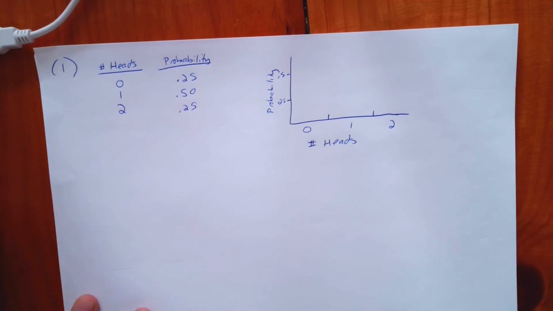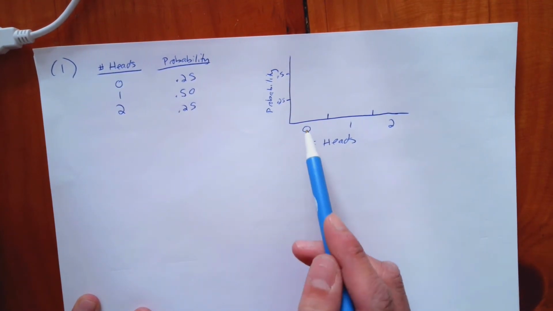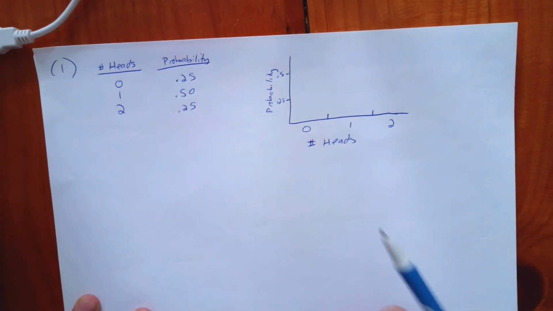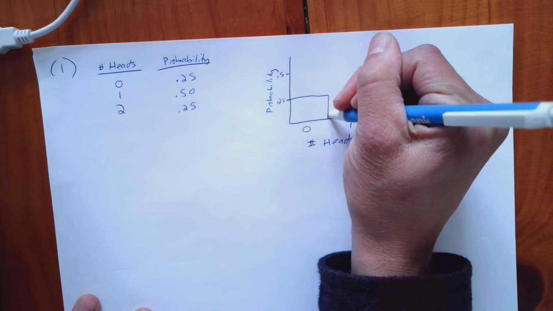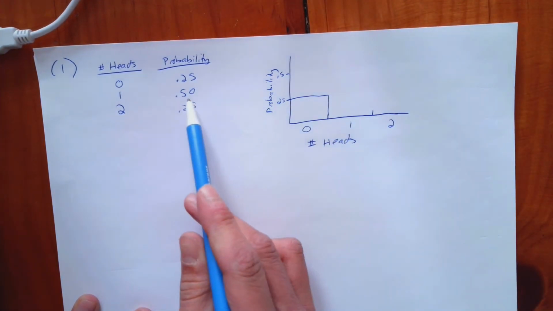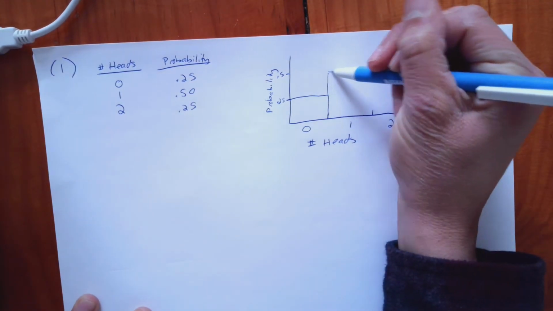Now we're just going to make this into something that looks like a histogram. For 0 heads, we look at our probability here, and you can see that we have a 0.25 probability. So we're going to draw a bar up to 0.25 for 0 heads. For 1 head, we have a probability of 0.5, so we're going to make a bar here that goes up to 0.5.